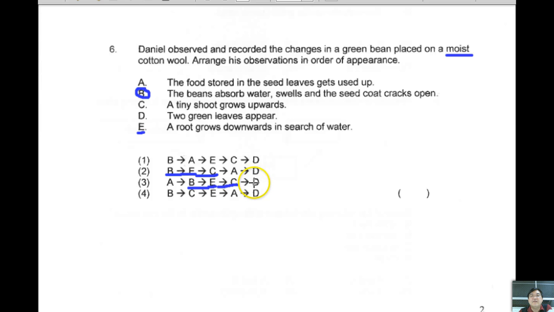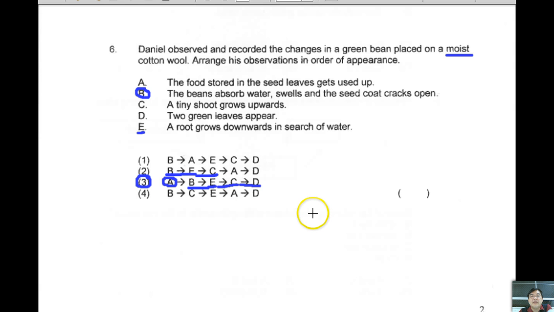This says the leaf appears. That says the food stored in the seed leaf gets used up. Okay, the leaf appears first, then the food gets used up. So this number 3 is the answer.